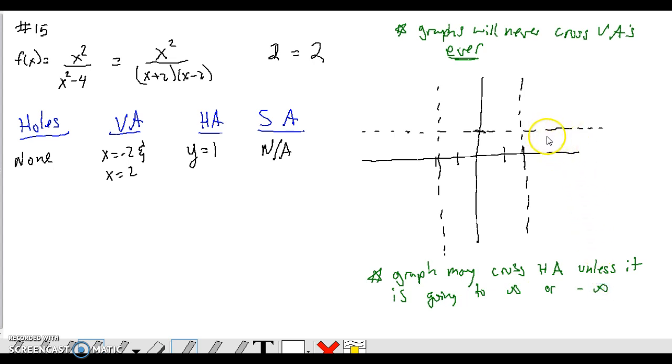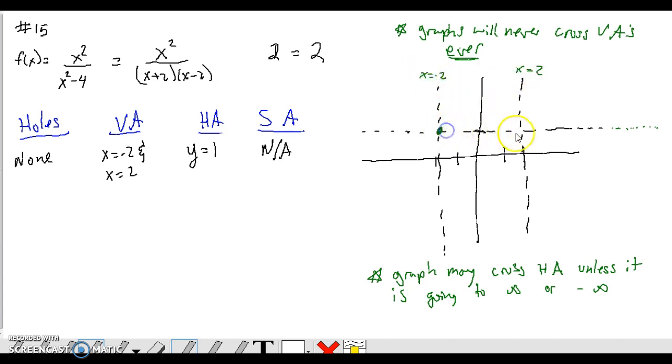Basically what this means is my graph on this side of the graph, either up here or down here, will never cross this horizontal asymptote because the horizontal asymptote is going on forever and ever, to positive infinity. Over here, again, if the graph's up here or down here, it's going to get close to your asymptote, but it's never going to cross it. Between x is equal to -2 and x is equal to +2.